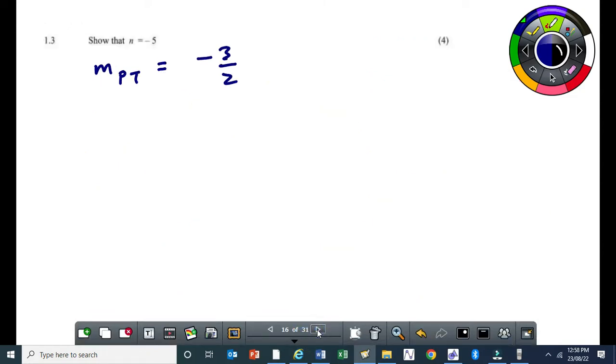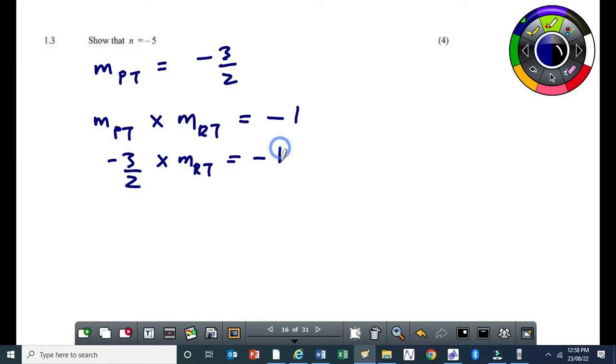Alright, so from here, we'll say MPT times MRT is equal to -1. But what's MPT? It's -3 over 2 times MRT. This will give me -1.